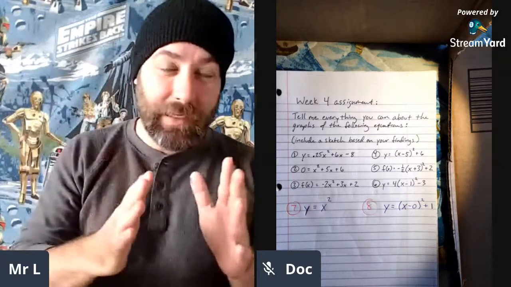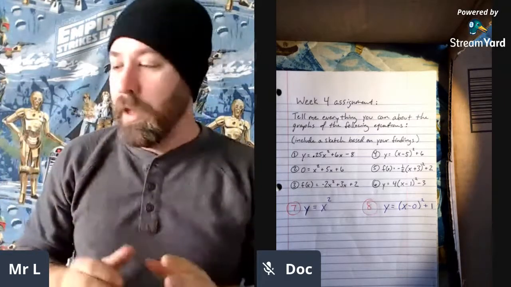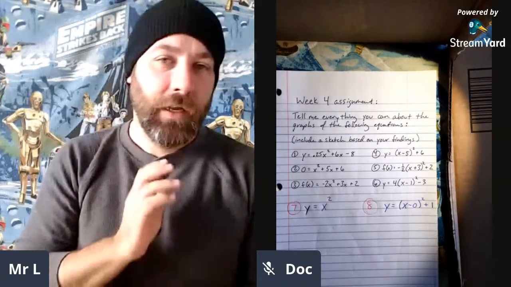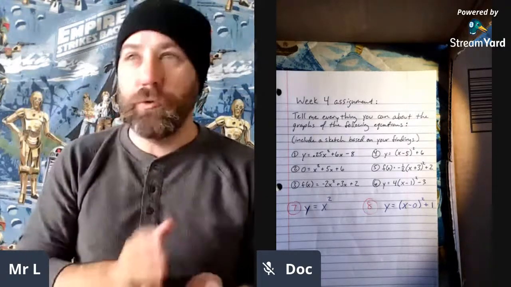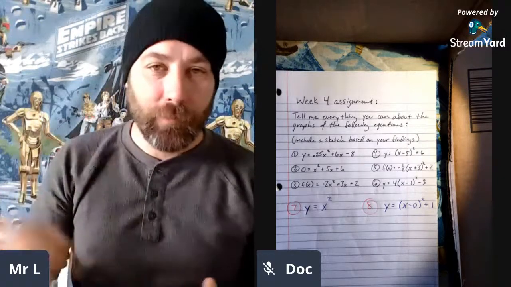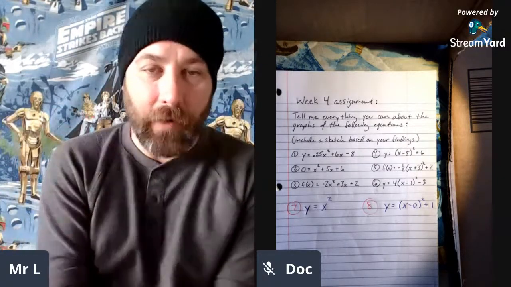Is it going to be a little skinnier, or a little wider than normal? You can tell me everything that you can about these equations in standard form and these equations in vertex form. And then at the end of it, include a sketch of what you think the best this would look like if we actually labeled points, figured out a bunch of points, and graphed it.